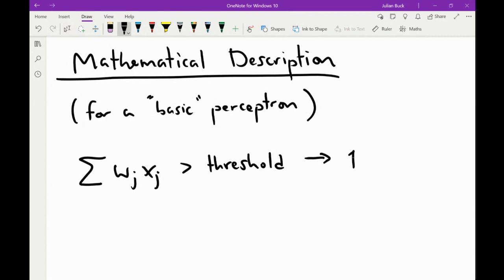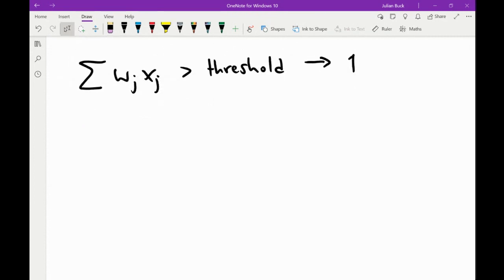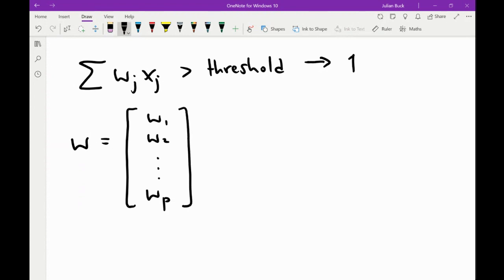Let's vectorize this, so to speak. Let's turn the weights into a vector. Let's introduce some linear algebra notation, which is useful when it comes to encoding things numerically. I'll use p since that's the number of features.